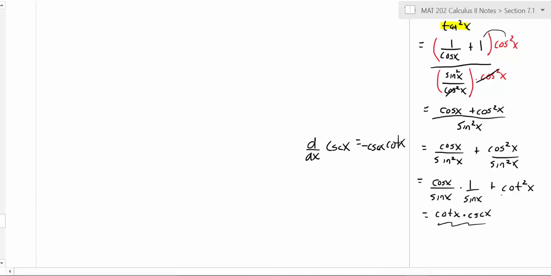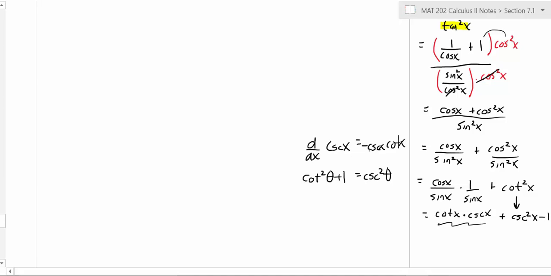And then the cotangent, well, one thing that we know about the cotangent is we have an identity from trigonometry. We have the identity that says cotangent squared theta plus 1 is equal to cosecant squared theta. Okay, so I could write this. The cotangent squared is going to really be the cosecant squared x minus 1.